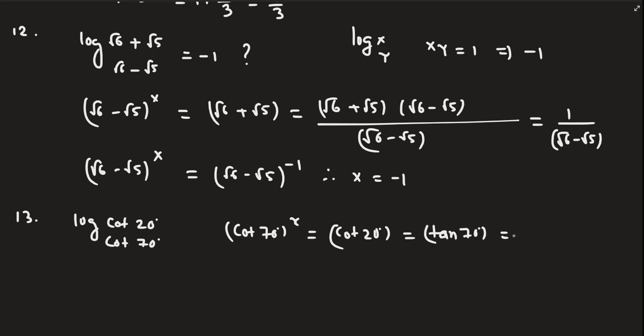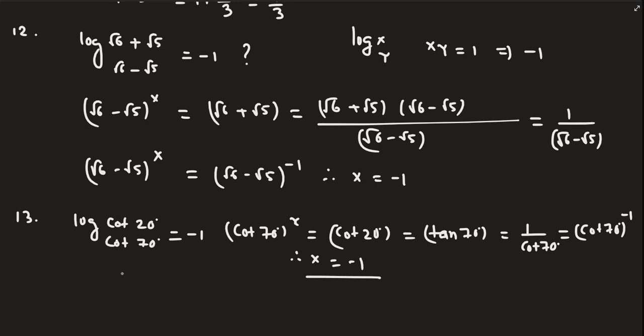Now tan 70 degree I can write as cot 70 degree to the power minus 1. Therefore x is equal to minus 1. So cot 70 to the power minus 1 will be cot 20. Therefore the total answer is minus 1.